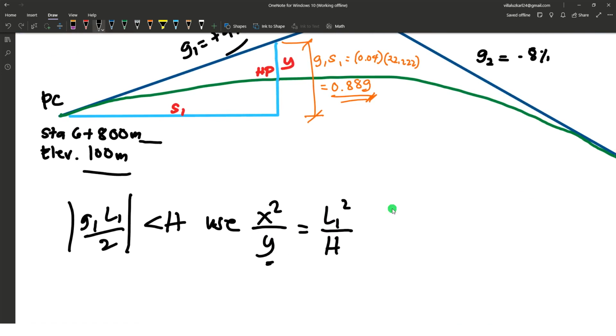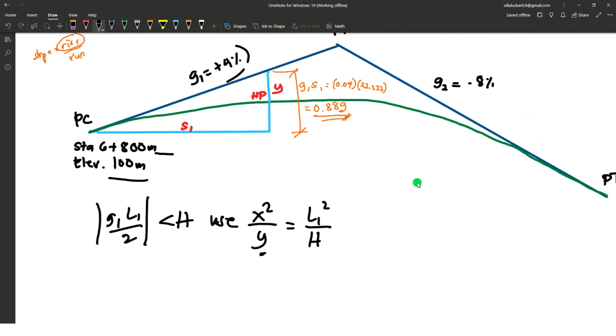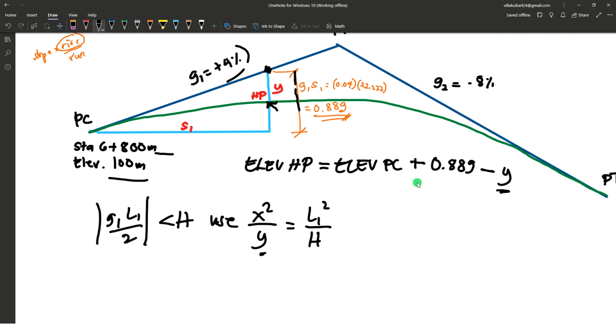So let's determine y, because if we are going to determine the elevation at this point, the elevation of the highest point shall be computed by the given elevation at PC, then add this vertical distance here so that we can determine the elevation at this point, okay, which is 0.889. Then we will subtract this y value here, which is the distance from the tangent to the curve at any point. So the chosen point is the highest point. So we need to determine this y here.